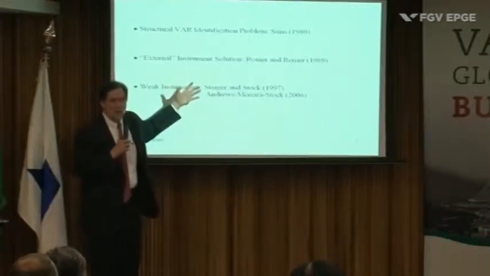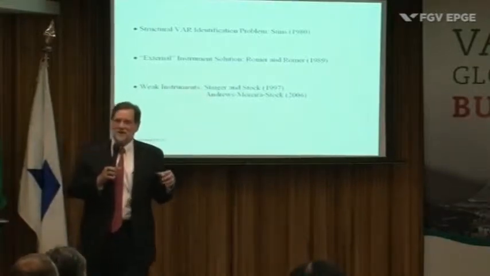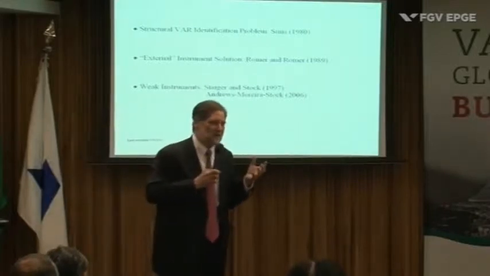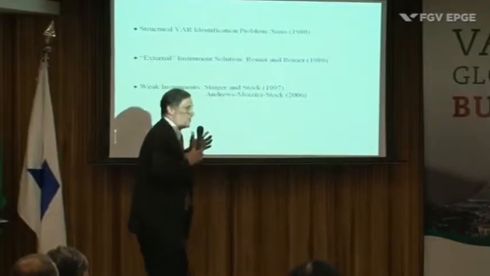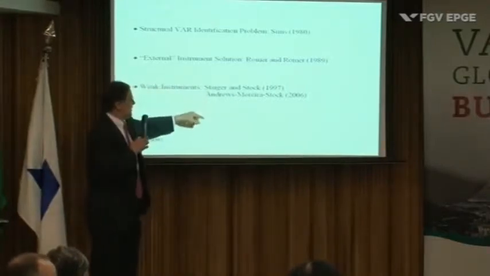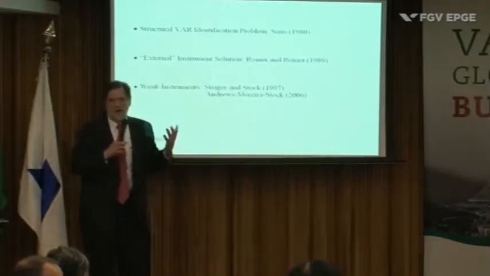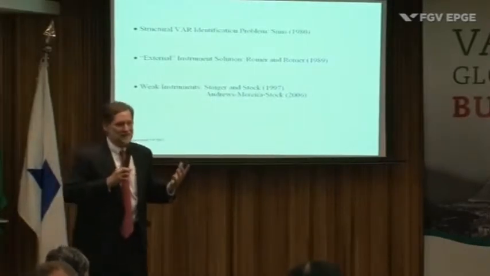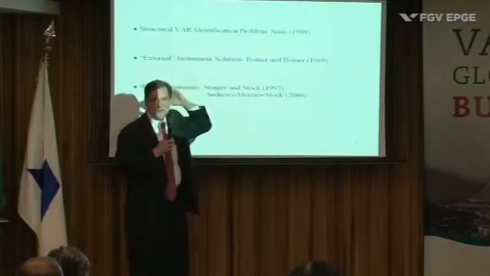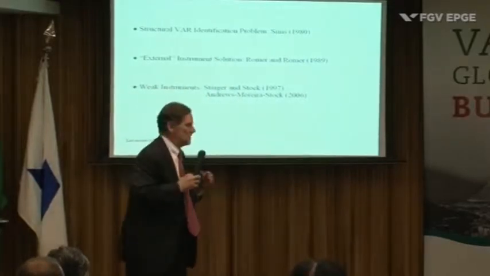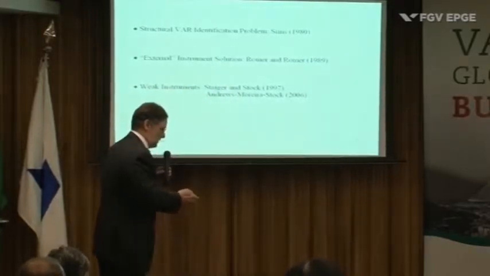That is, they're correlated with the shock of interest, but they're not very highly correlated with the shock of interest. And that leads us to think about doing inference in a way that's familiar from the Staiger and Stock and Moreira kind of analysis. So I think of this paper as Moreira meets Romer and Romer meets Sims. So that's what we're going to do here.